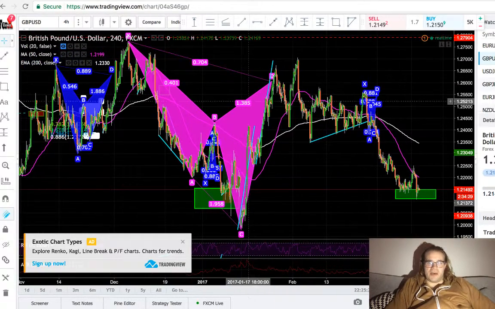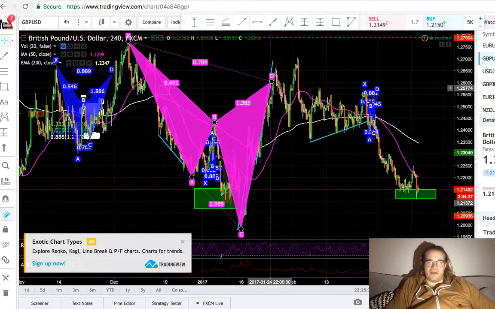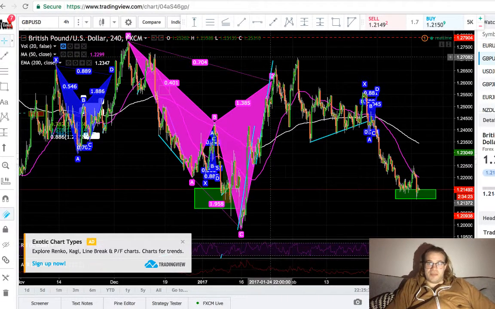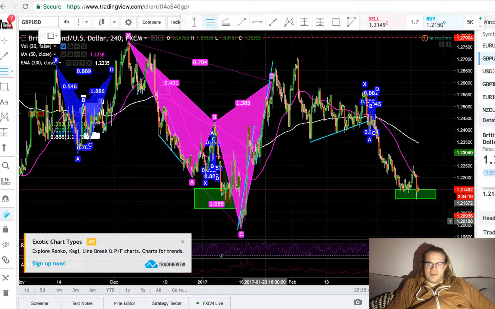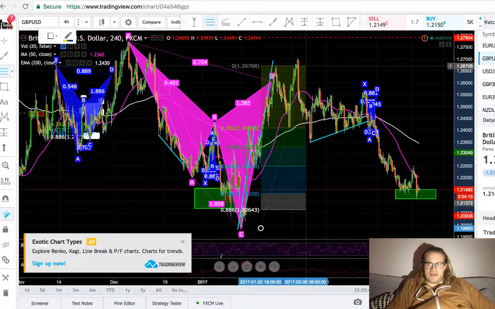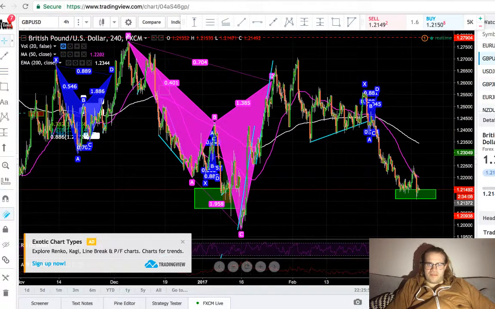You can see this beautiful cipher pattern, which I didn't get involved with, was just too much of a, or did I? Let me see. I don't quite remember. I don't think I got involved, but yeah.